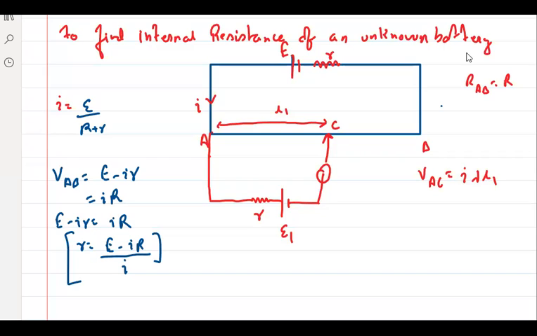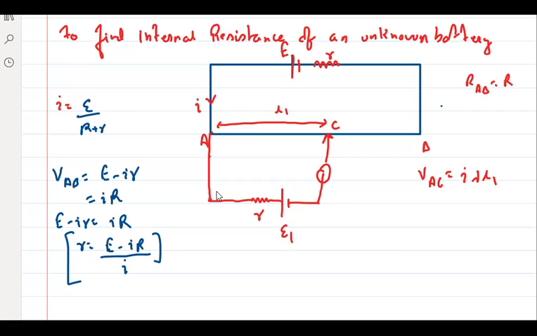No? Clear? But, sir, now in this case, what is the potential between A and C? What should be the potential between A and C in this case? Will it be E1 or will it be this B? Tell me, VAC. Will it be E1 or will it be this?